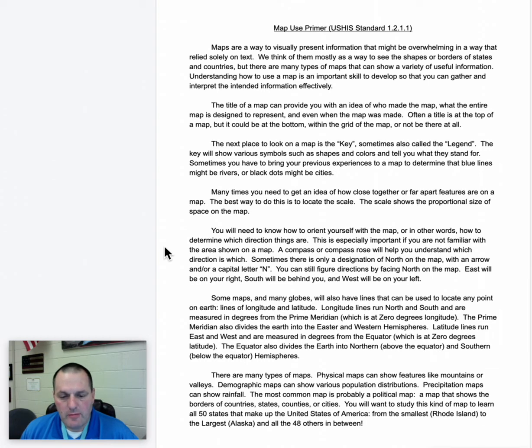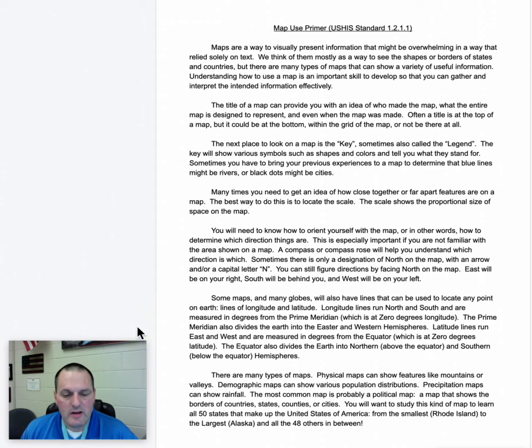Some maps and many globes also have lines that can be used to locate any point on Earth, lines of longitude and latitude. Longitude lines run north and south and are measured in degrees from the prime meridian, which is at 0 degrees longitude.